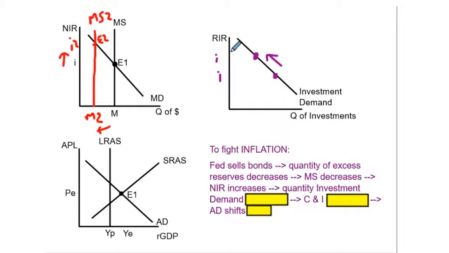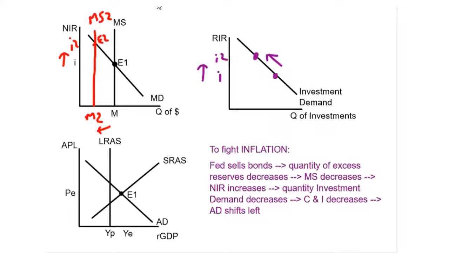We have an I and an I2 because we can see that all interest rates are going up and down together. When interest rates rise and the quantity of investment demand moves along to the left, that means it decreases because businesses will realize this is not a great time to finance their spending. If investment demand decreases, that means investment spending decreases, and that will shift AD to the left.